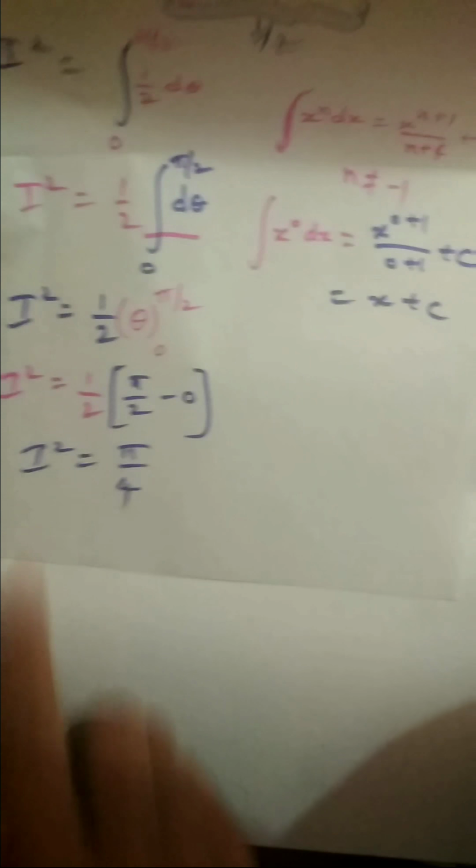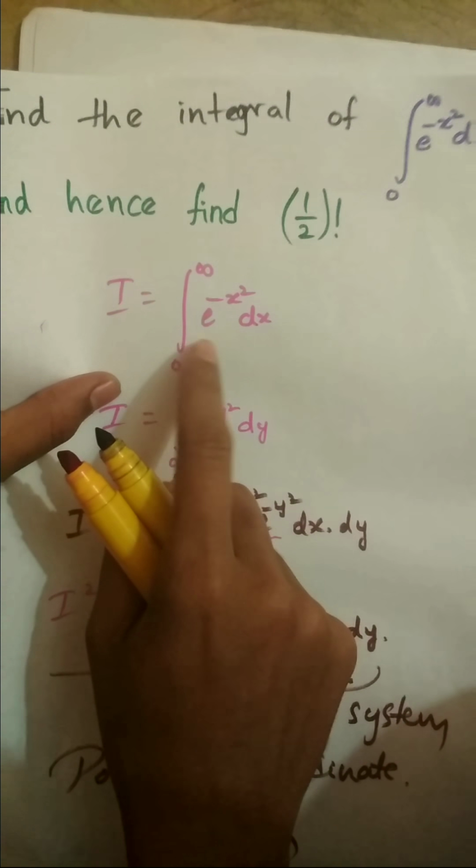We got I square equal to pi by 4, and we have I is equal to integral from 0 to infinity e to the power of minus x square dx. Instead of I square we can write integral from 0 to infinity e power minus x square dx, whole square, is equal to pi by 4.